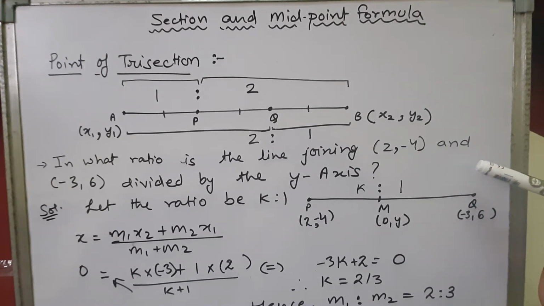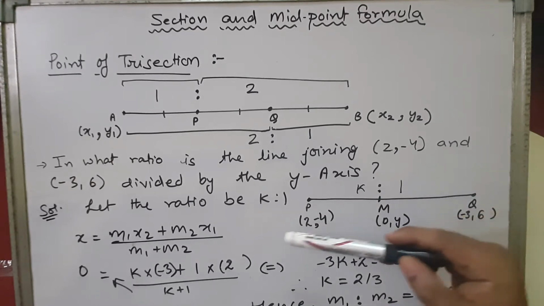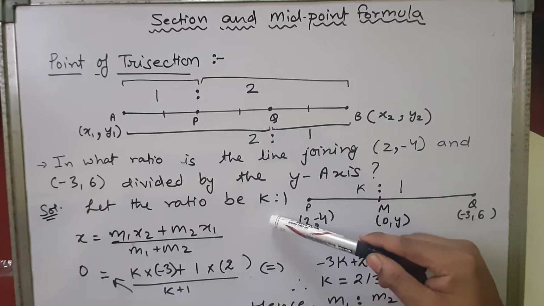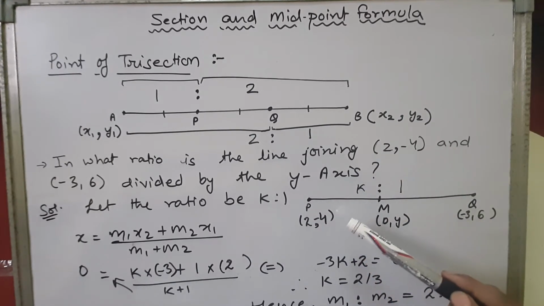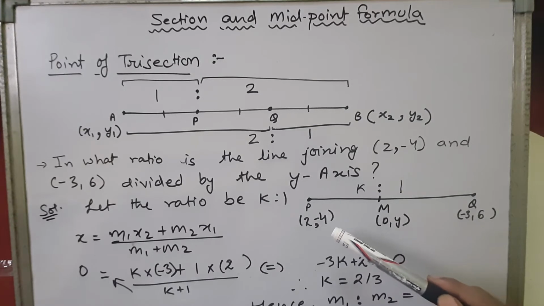Okay, let's start with a sum so that we can understand the topic. In what ratio is the line joining (2, minus 4) and (minus 3, 6) divided by the y-axis? Whenever we have to calculate the ratio, we'll always assume the ratio as k is to 1. So let the ratio be k is to 1. And there's a point which is lying on the y-axis.